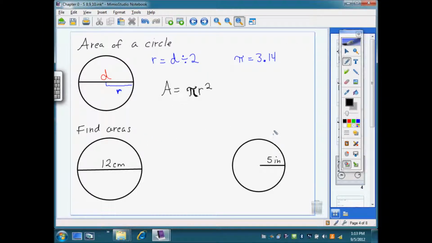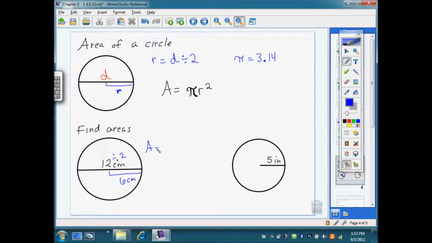Sure. Okay, so first to find the area of this circle, I need to find what the radius is. So I'm going to take 12 and divide it by 2, so it's going to give me 6 centimeters.